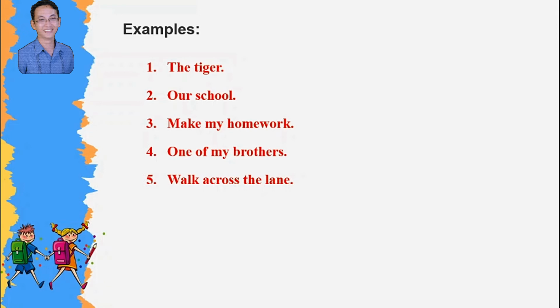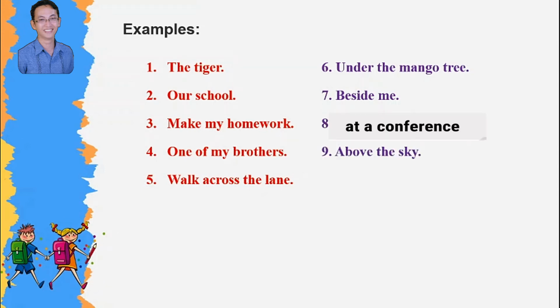Other examples. Number 6. Under the mango tree. Number 7. Beside me. Number 9. Above the sky. Number 10. On the table. If you observed in our examples 6, 7, 8, 9, and 10, each begins with a preposition.